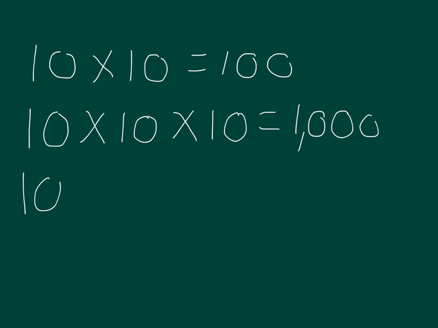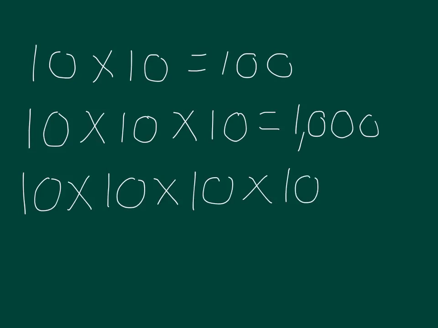What's 10 times 10 times 10 times 10? That's 10,000. There we go, they've got the little zeros in there. So those are powers of 10 as well. That's multiplying 10 times itself each time.